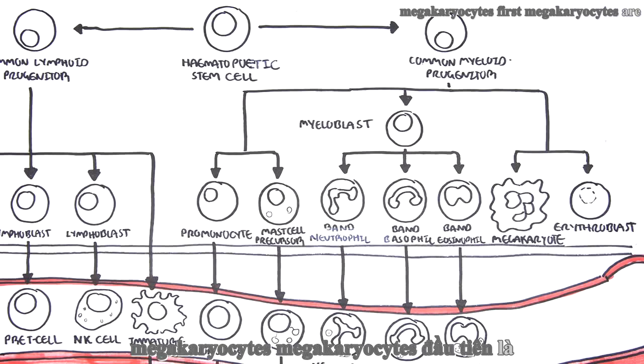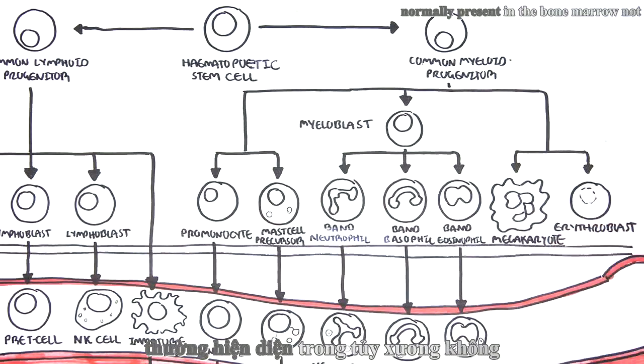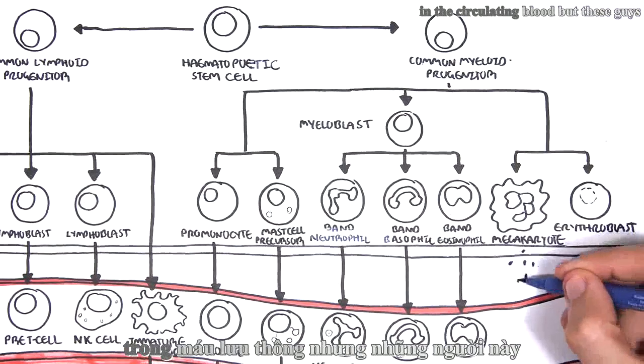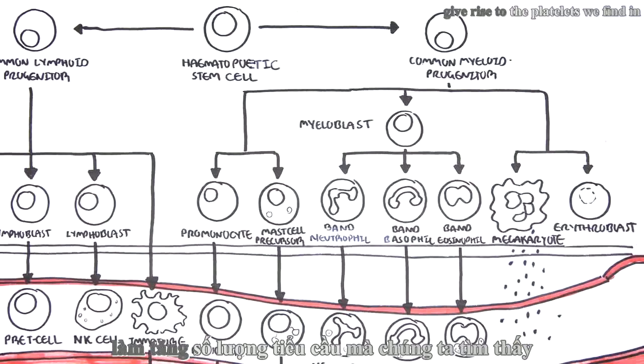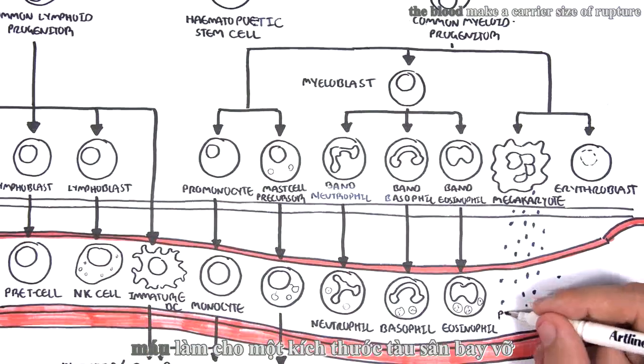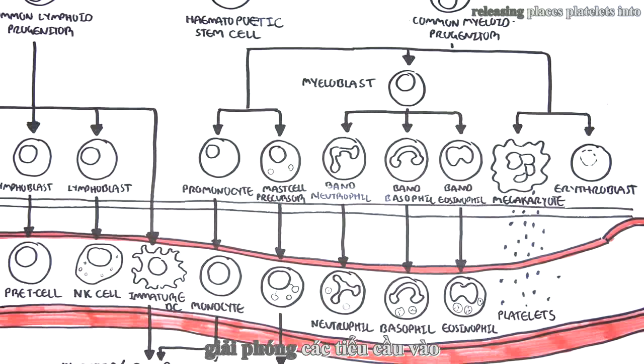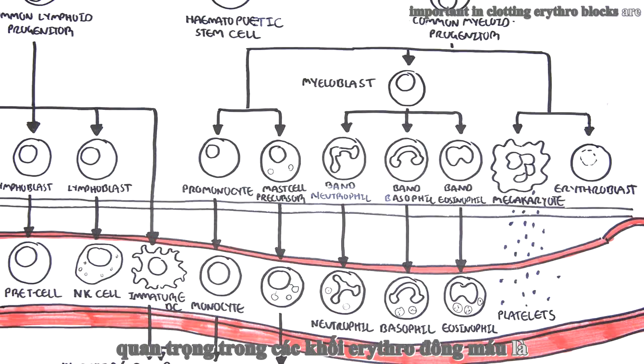Let's look at megakaryocytes first. Megakaryocytes are normally present in the bone marrow, not in the circulating blood. But these give rise to the platelets we find in the blood. Megakaryocytes rupture, releasing platelets into circulation. And platelets are very important in clotting.